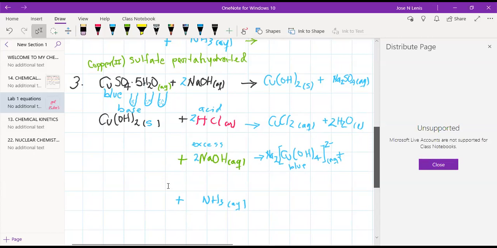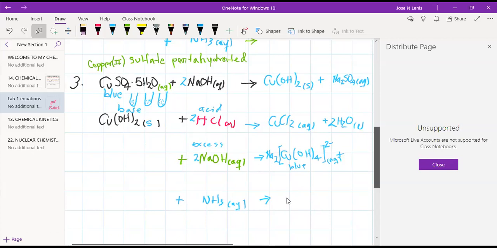In the next experiment, we added ammonia to the third tube. What do you observe? You observe the formation of another complex.